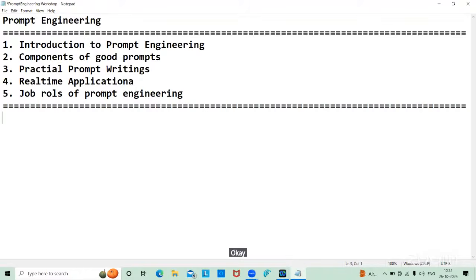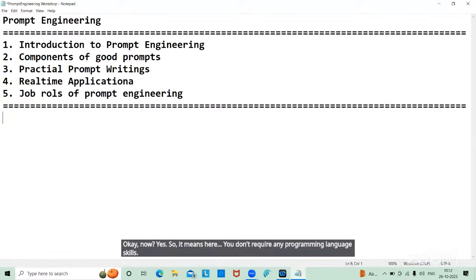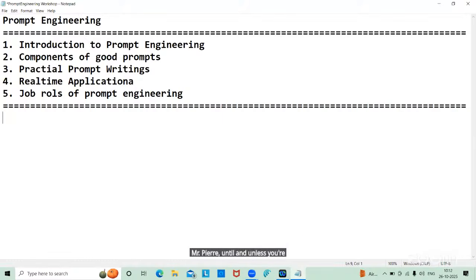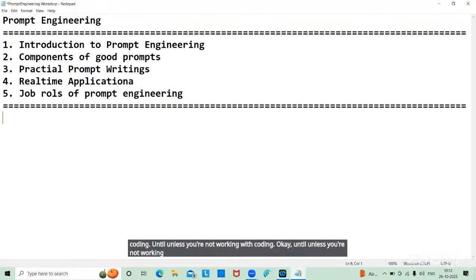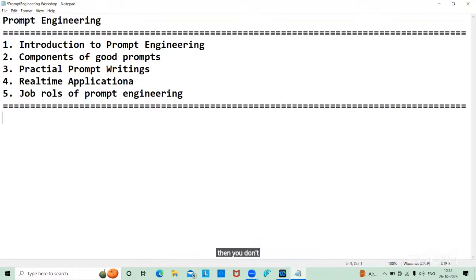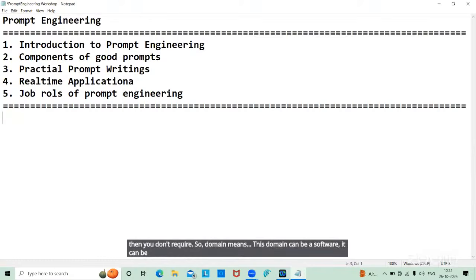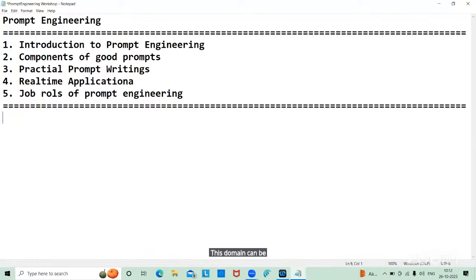So here you don't require any programming language skills, unless you're working with coding. This domain can be software, IT, or non-IT.